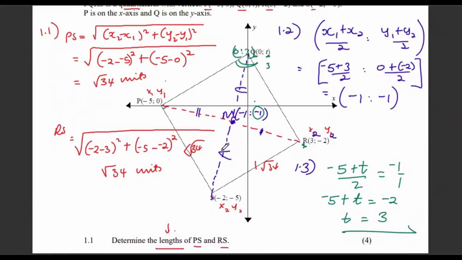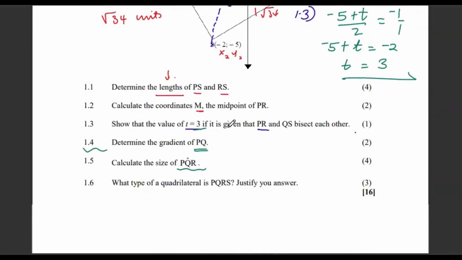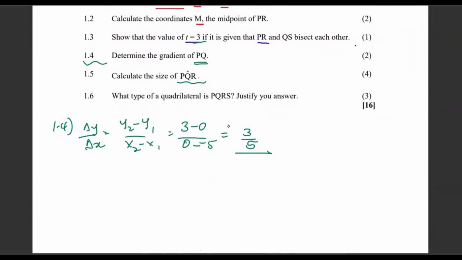Otherwise, I can use the inclination part, whereby I have the gradient here, so I can find this angle. And then I also can find the gradient of this line, and then I also get this angle. Okay, so let's get the gradient of QR.